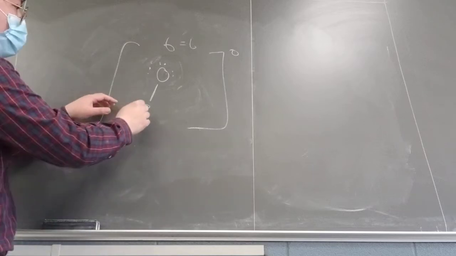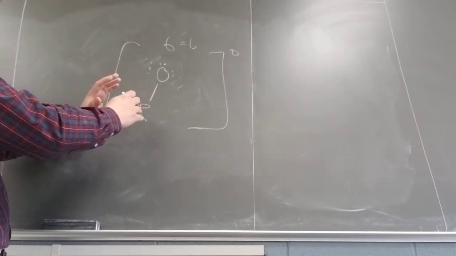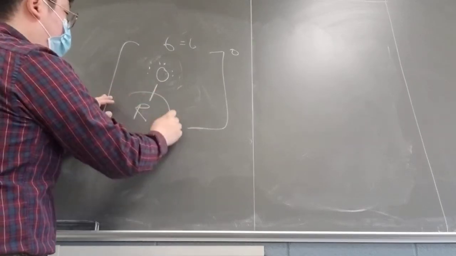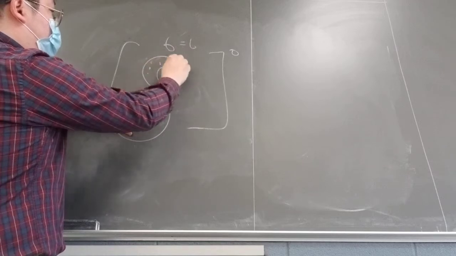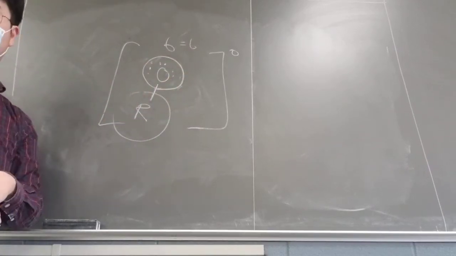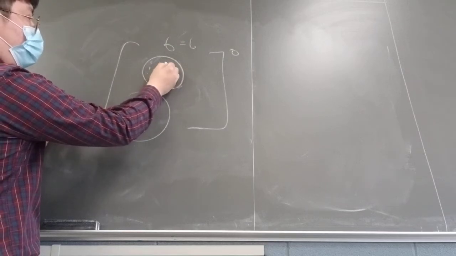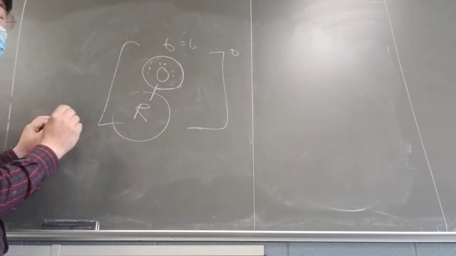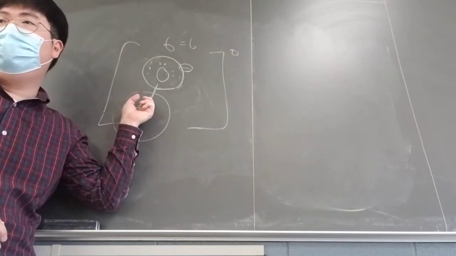R means any carbon alkyl group. We're going to do that later, but you don't have to worry about this one. But specifically for this one, what's the charge now? It'll be 1, 2, 3, 4, 5, 6, 7. So it'll be 1 negative charge. So you'll see this a lot in organic chemistry.